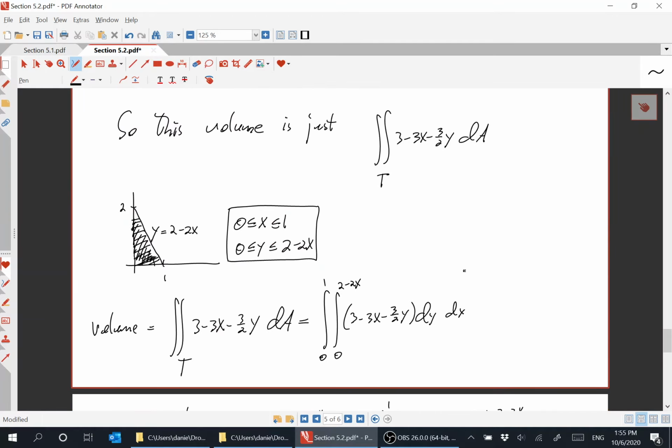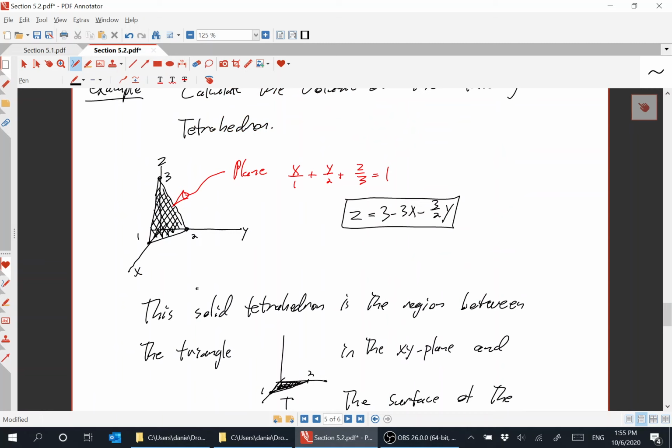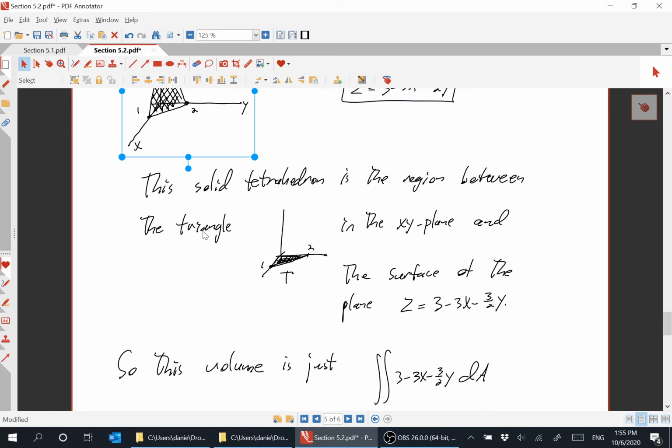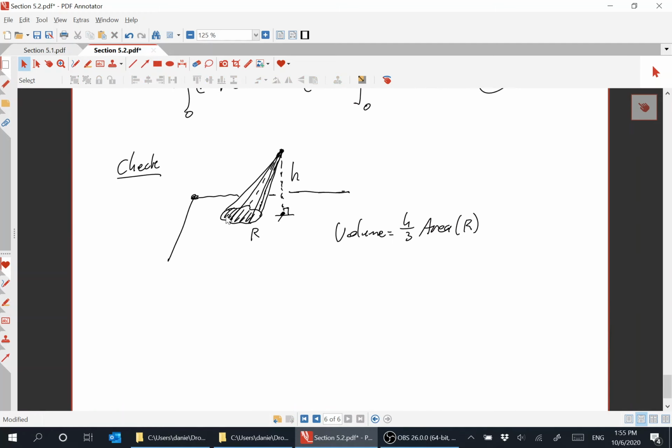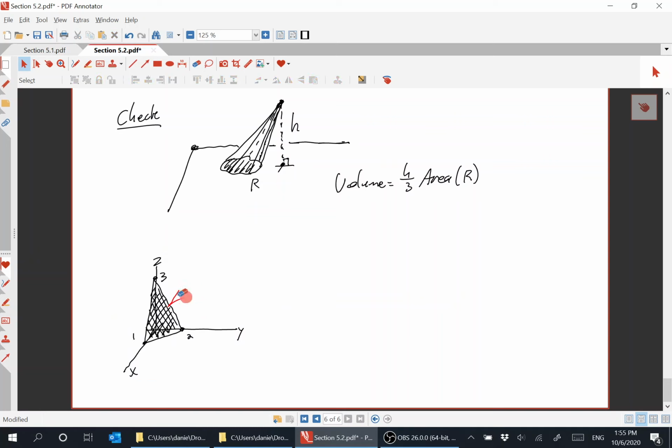In our case, the area of the base is equal to 1/2 times 1 times 2, which is 1.